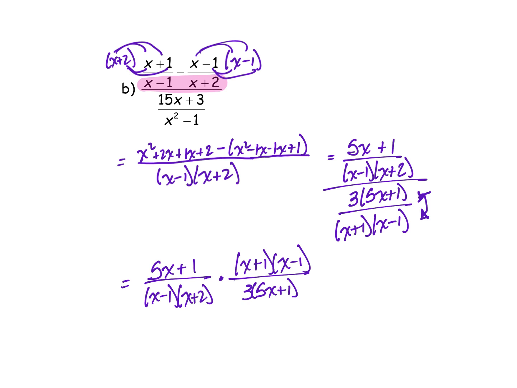Whew. So if I'm going to make ones, I've got a 5x plus 1, x minus 1, and then what I'm left with is x plus 1 over 3 times x plus 2.